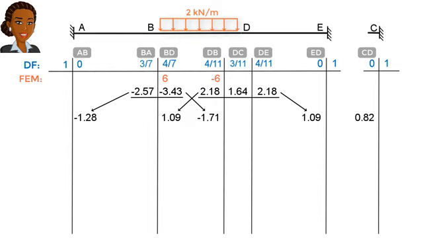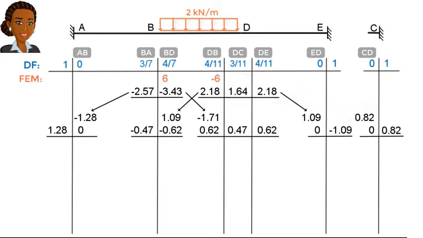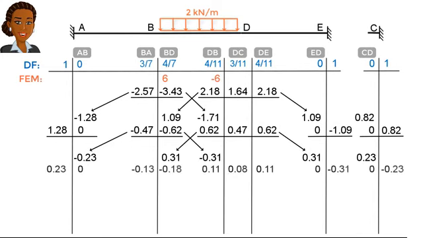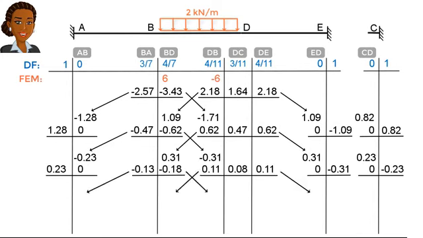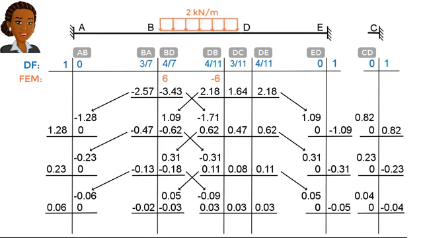Note that for joint D, we carried half of this balancing moment to this column. We balance the joints again, then add the carryover moments to the table. We continue this process until the moment values become negligible. Once we reach the end of the process, we add up the values in each column to get the member end moments.